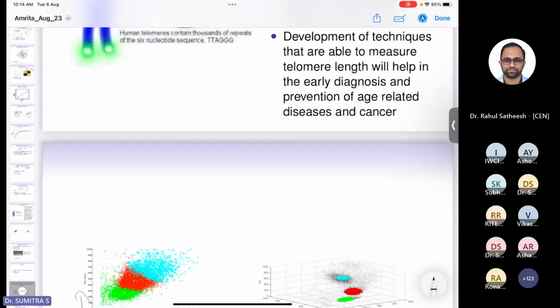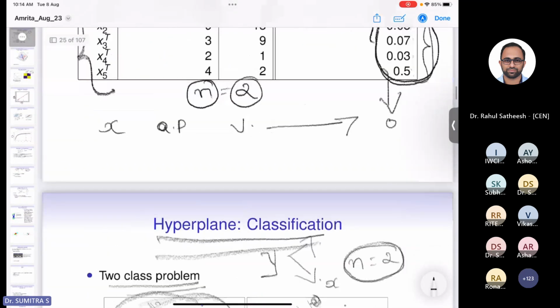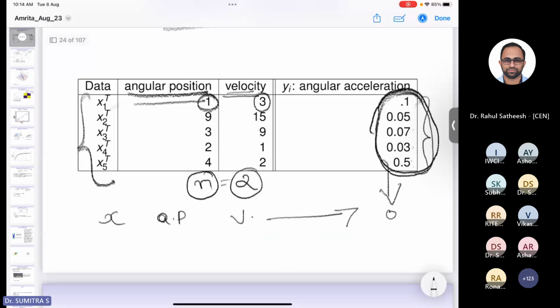For example, for the data we have seen here, IID means there won't be any dependency between X1, X2, X3, X4. The occurrence of one has no influence on the other, so they are independent. And they all follow the same probability distribution.